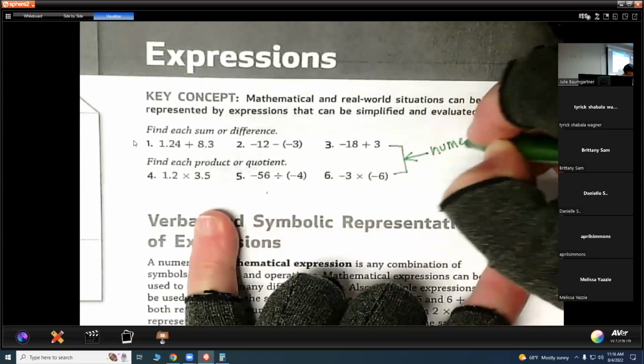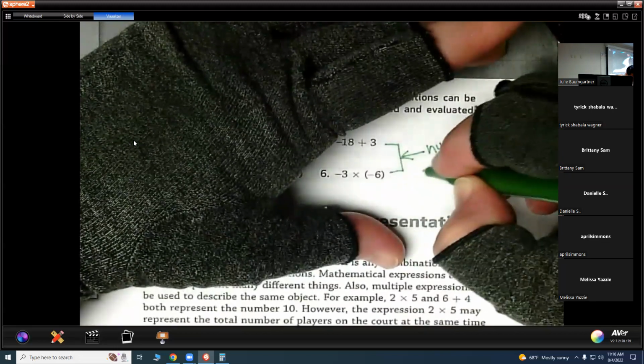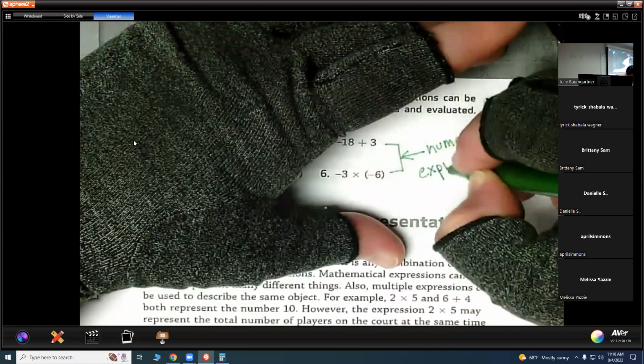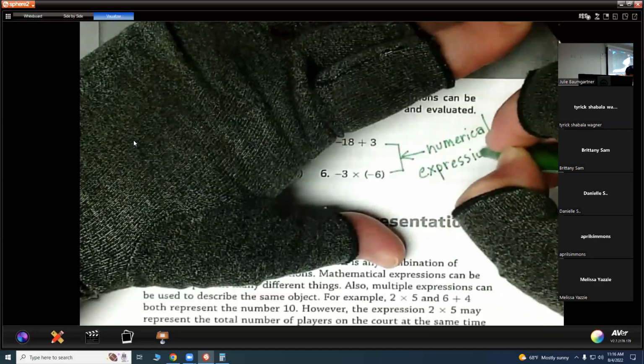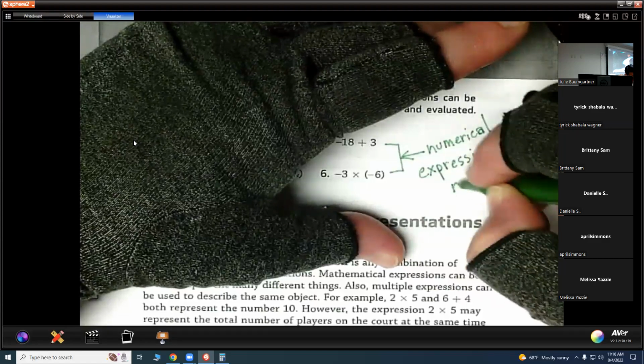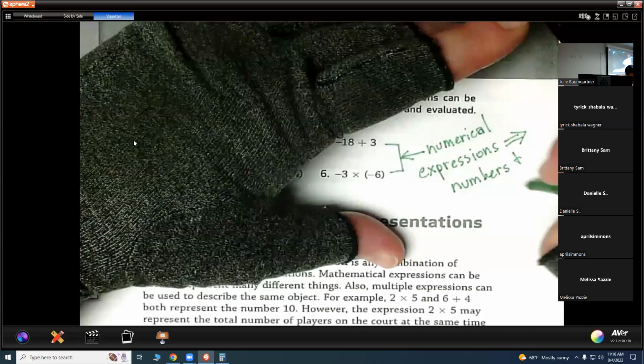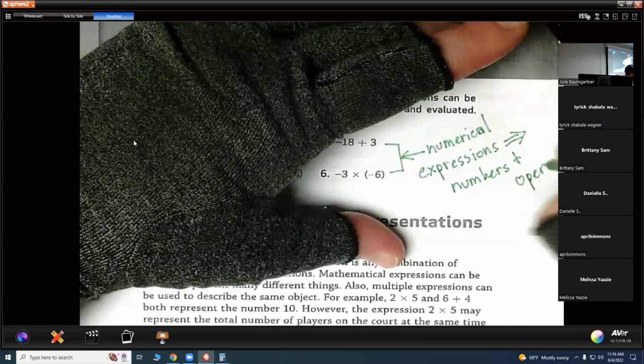So what we see here are numerical expressions. And they consist of numbers and what we call operators.